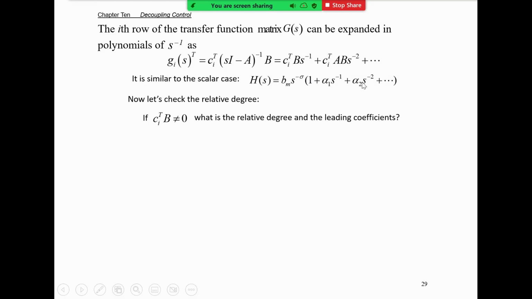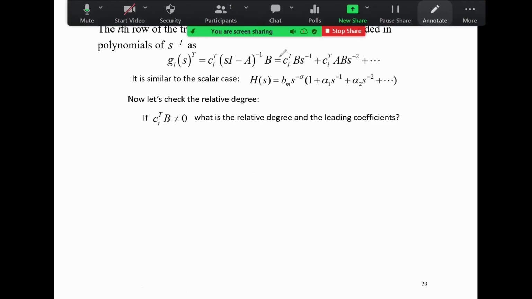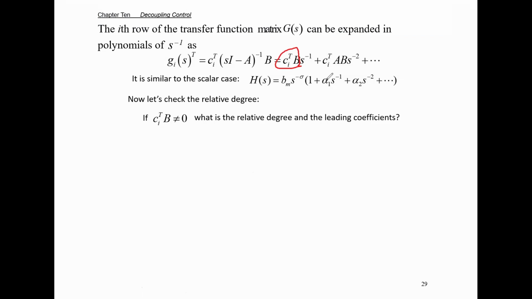Looking at the definition of the relative degree for the scalar case, what will be the relative degree if this term is not 0?